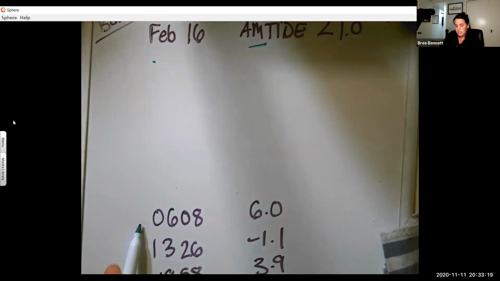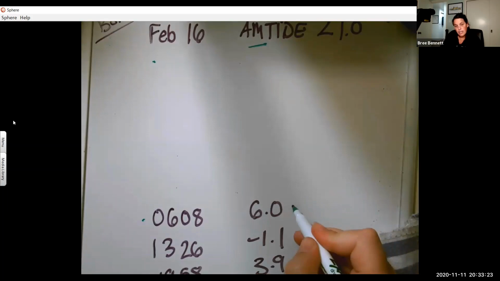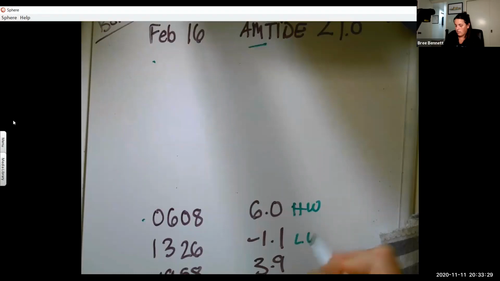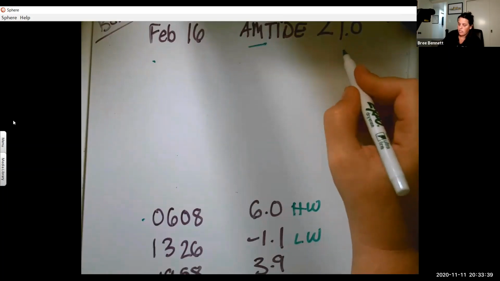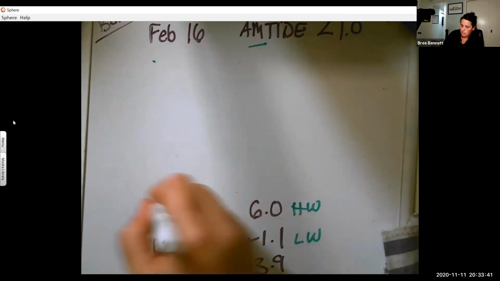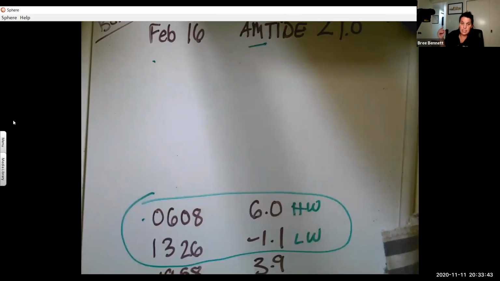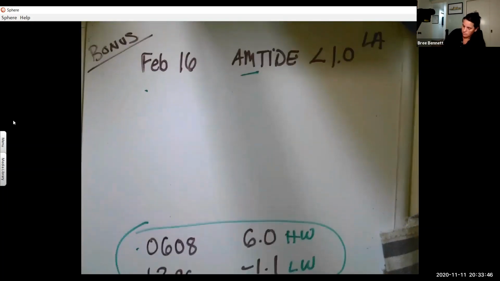So on February 16th, we have a high tide at 06:08, and then we have a low tide at 13:26. So it is a falling tide. So when is it going to be less than 1 foot? So I'm going to use these guys as my sandwich or my bracket.